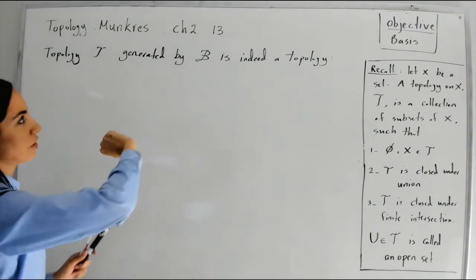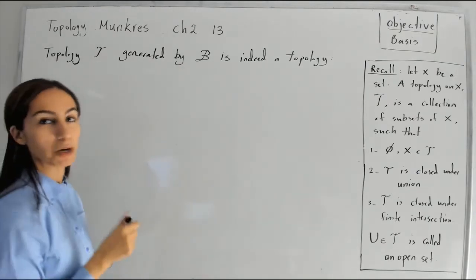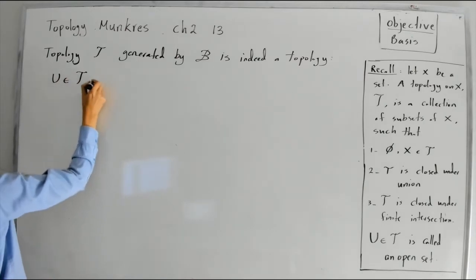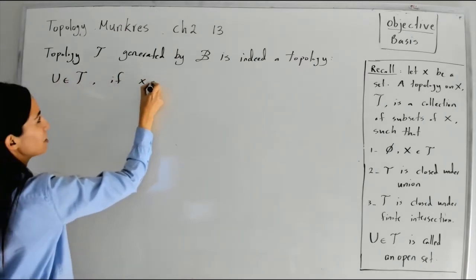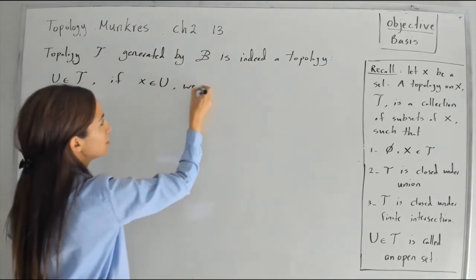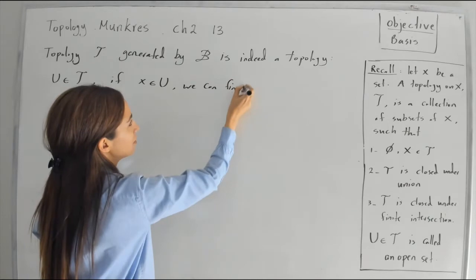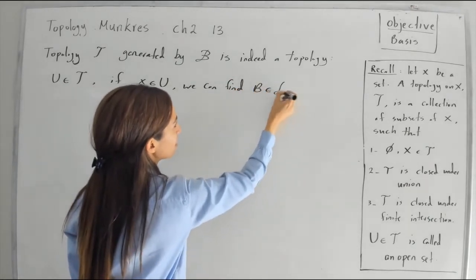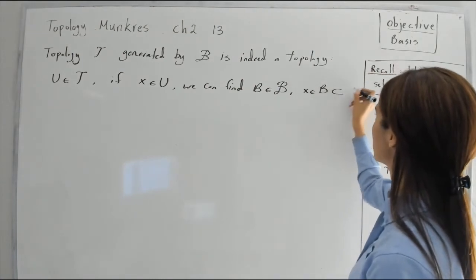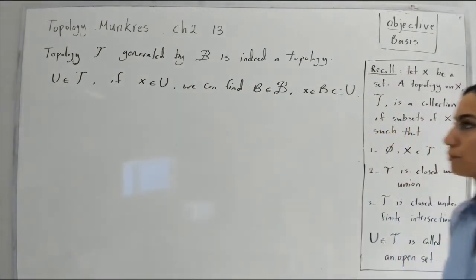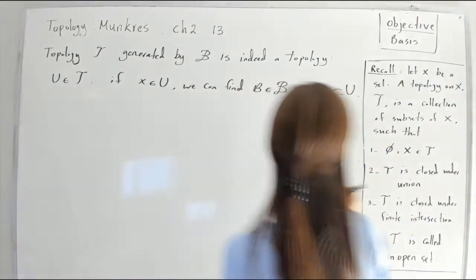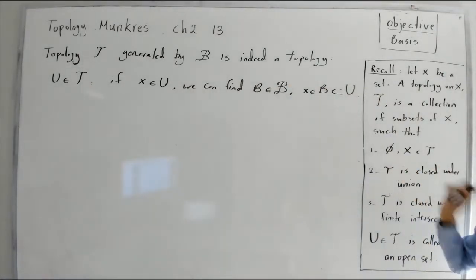Also remember the definition of a topology generated by basis B: U belongs to tau if for any X in U, you can find a basis element like B such that X is in B and it's included in U. So we're going to show this for the empty set and for X itself.